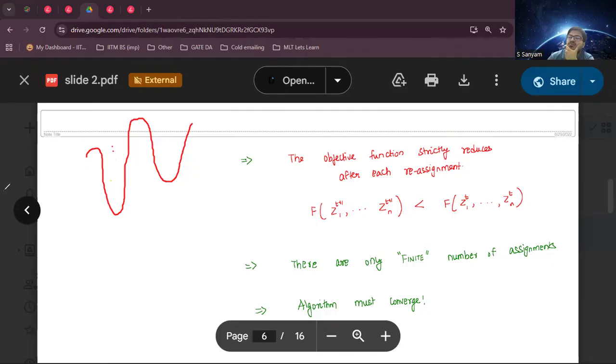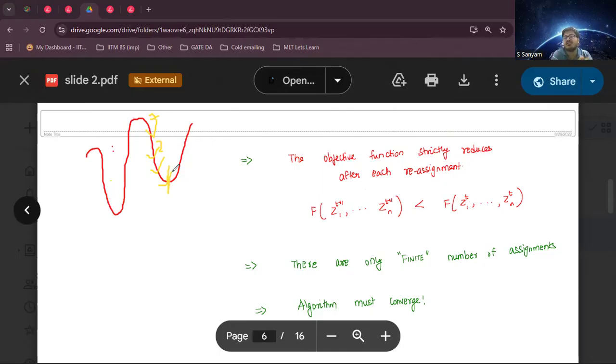So assume at the first iteration we were here, at the second we were here, and it will go in the direction where the objective function will be minimized. We have proved that at each step the objective function is minimized.